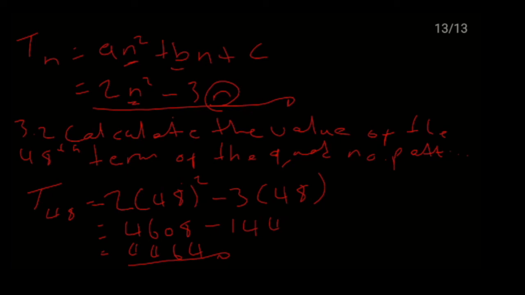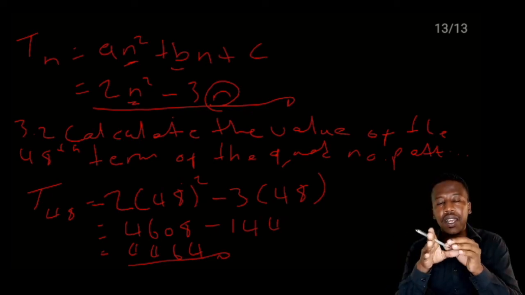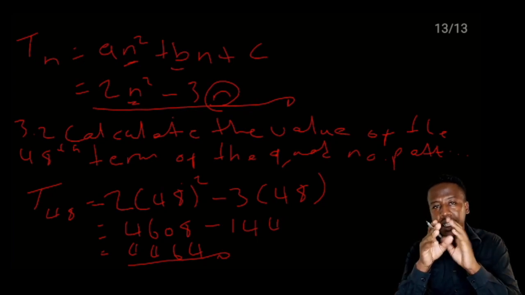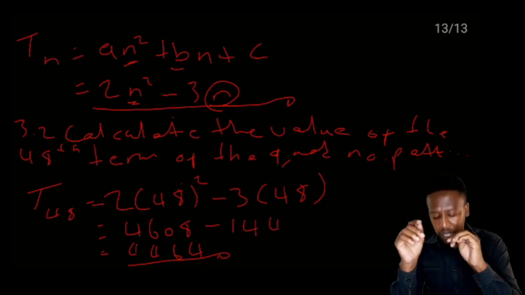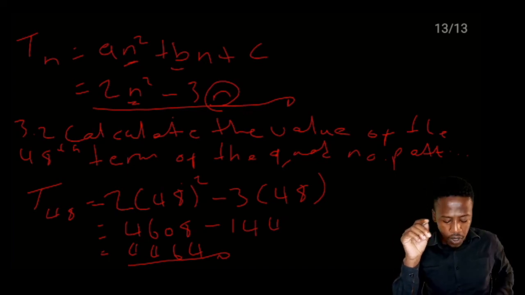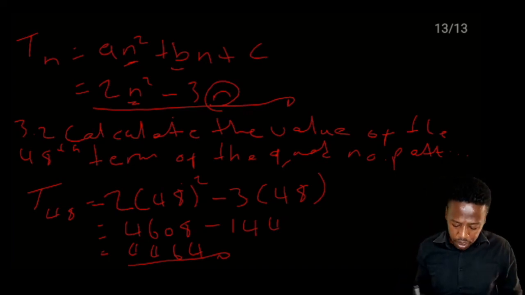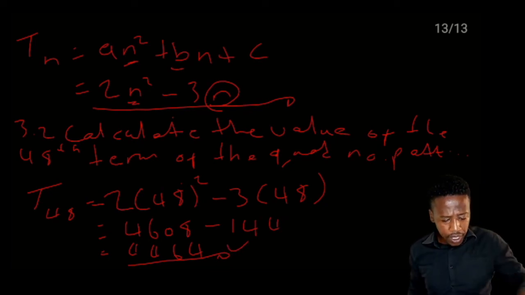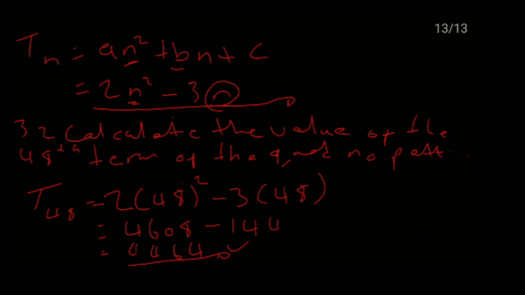So the value, if you count from 1 all the way to the 48th term, that value on the 48th term, meaning T48, is 4464. That's your final answer. Quickly moving on to the next one, which is 3.3.